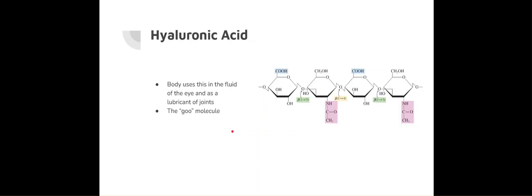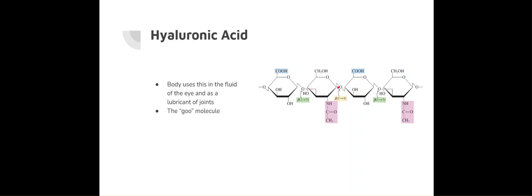Okay, an example of this is hyaluronic acid. So here we have this amino group with a carbonyl group in it as well. They're chained together with these beta linkages. Here and here and here.